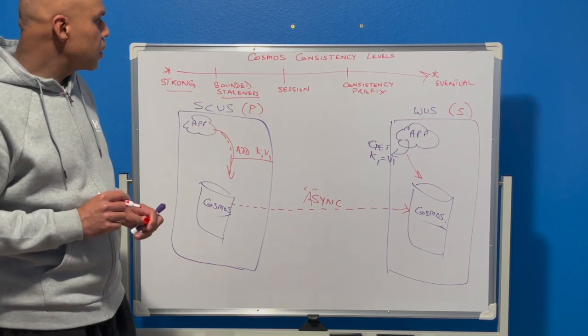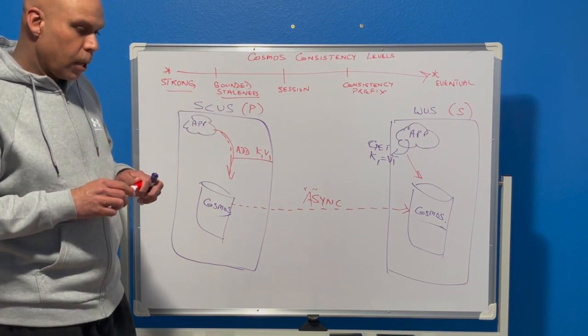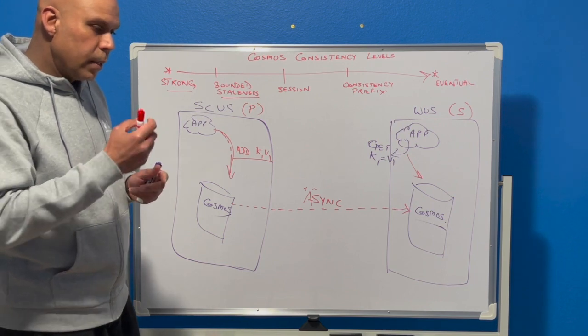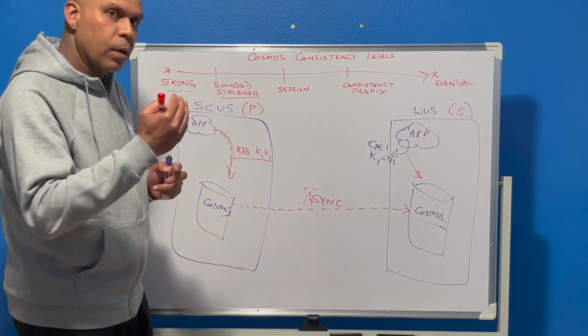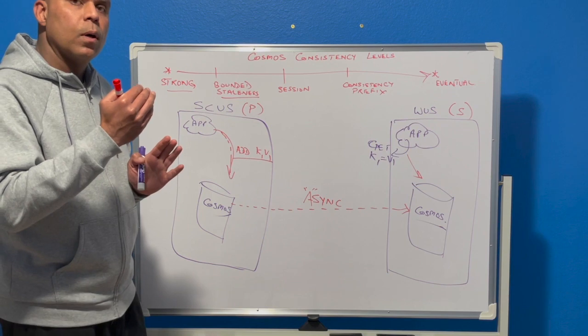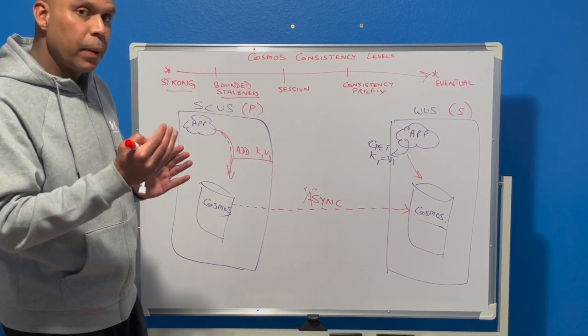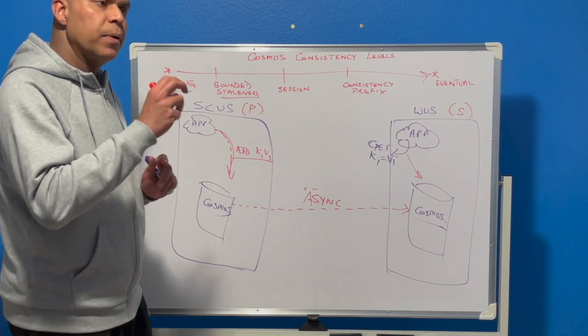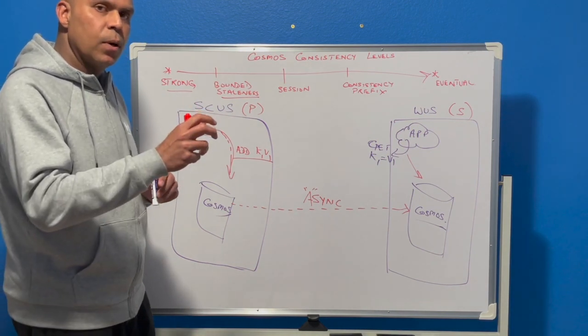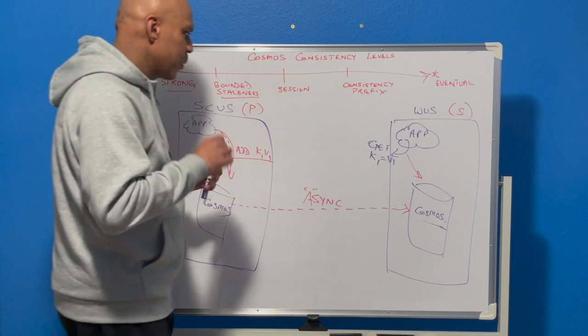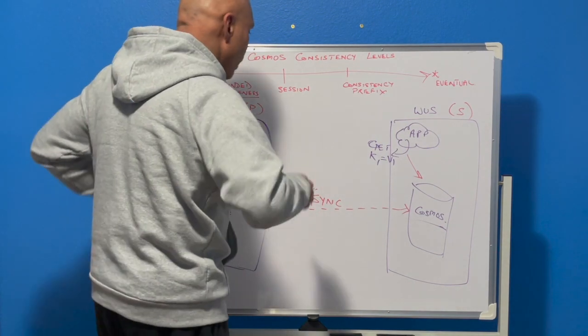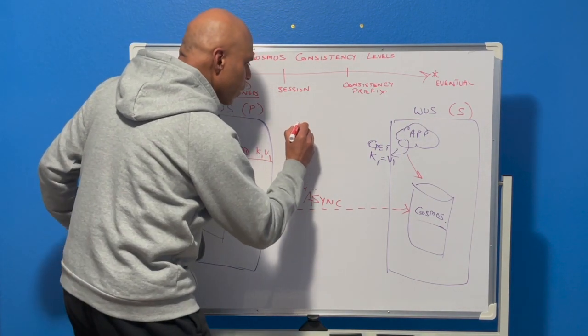So now with bounded staleness, whatever writes you're doing, you can potentially lag behind by a configured number of writes or time. I know it will be a bit confusing. Let's look at it in a bit more detail.